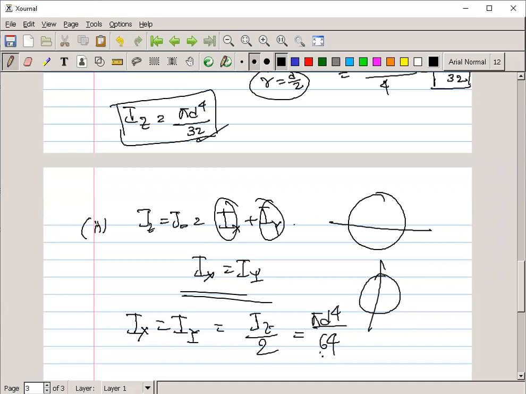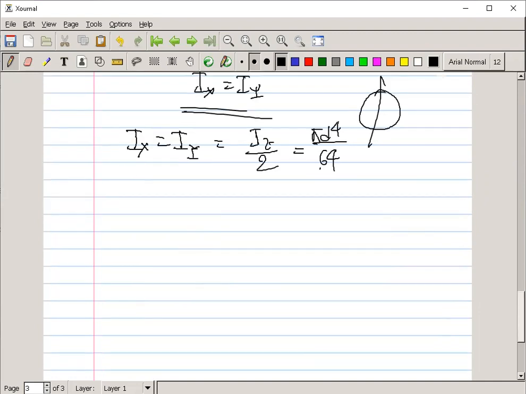Now, if they say it like that, normally you have done this for any rectangular section, this edge, right? But if a circle is there and they said with respect to any tangent, this is a tangent of this circle, right? So find out the second moment of area with respect to this tangential axis, which is parallel to the x and y axis.